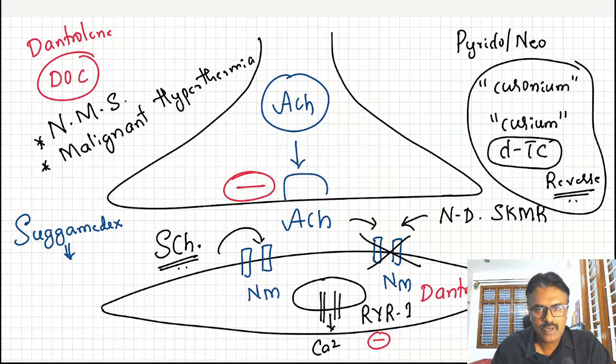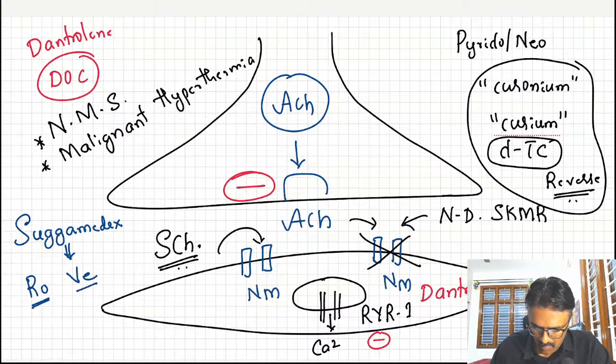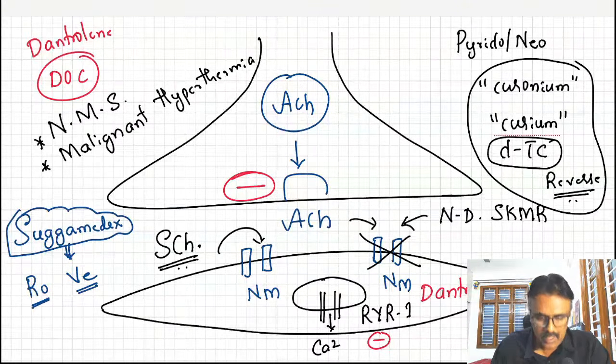We use this mainly for two drugs. Remember, Ravi: to reverse rocuronium and vecuronium, we use a fast-acting drug called sugammadex. So we can use that also to reverse. Only two drugs have been approved for reversal, rocuronium and vecuronium.